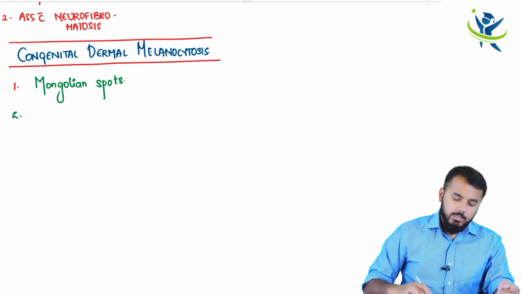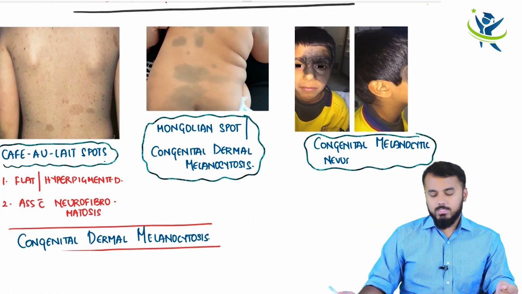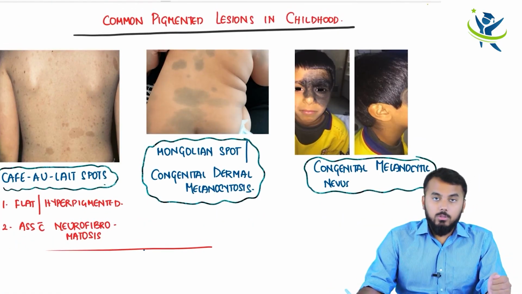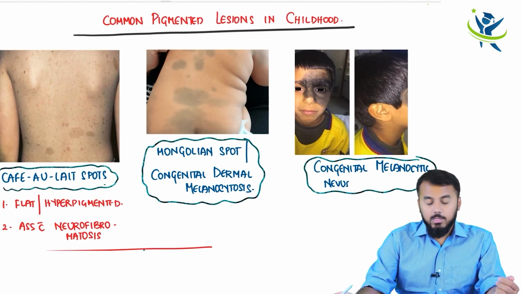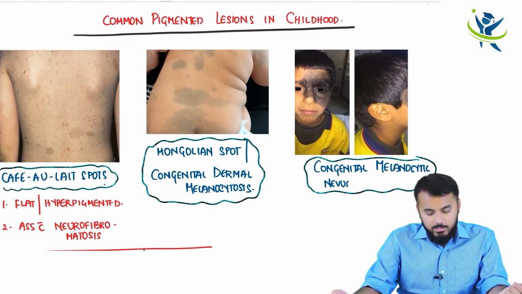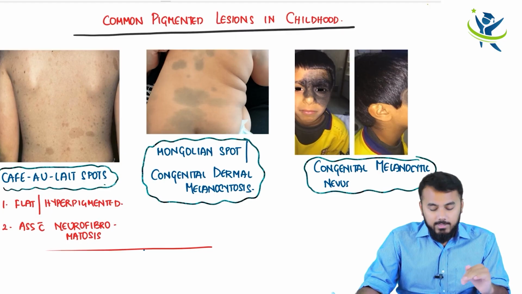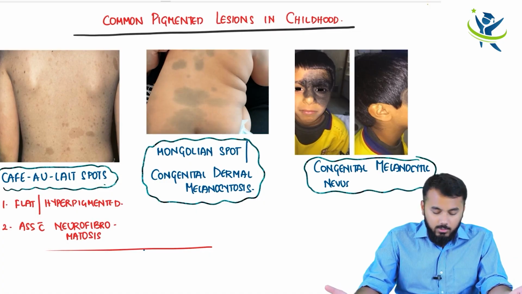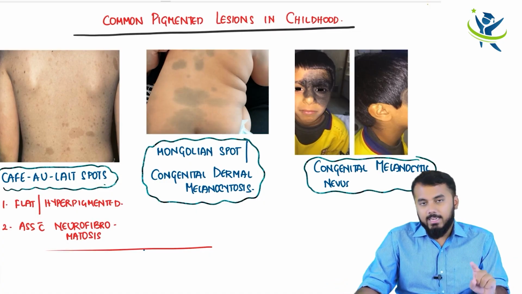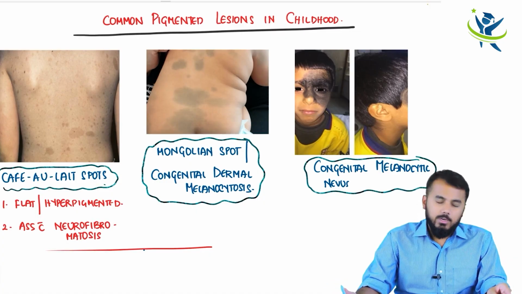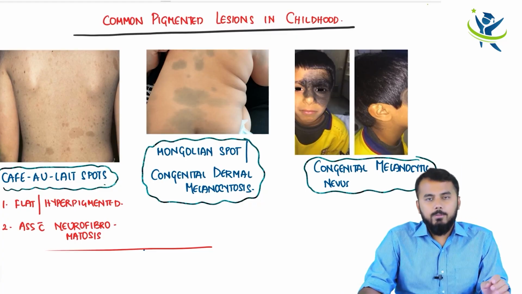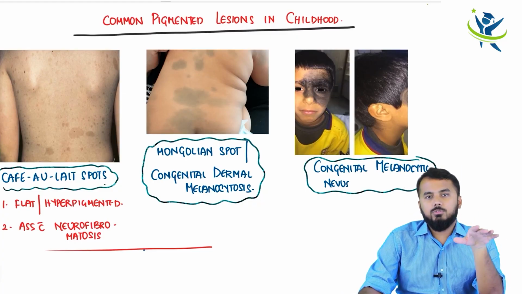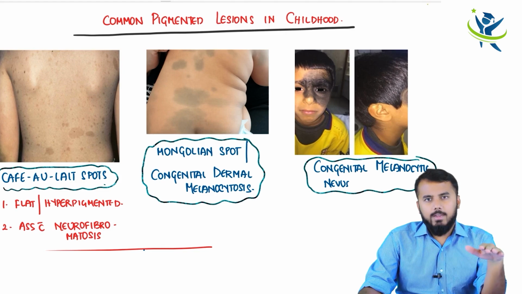What is the second important thing? You have to describe them. Is it really important to describe them? Yes, because in the questions, instead of giving the picture, they will depict this spot in words. First of all, any rash you see, in dermatology or any subject, first you have to tell whether the rash is elevated or flat.